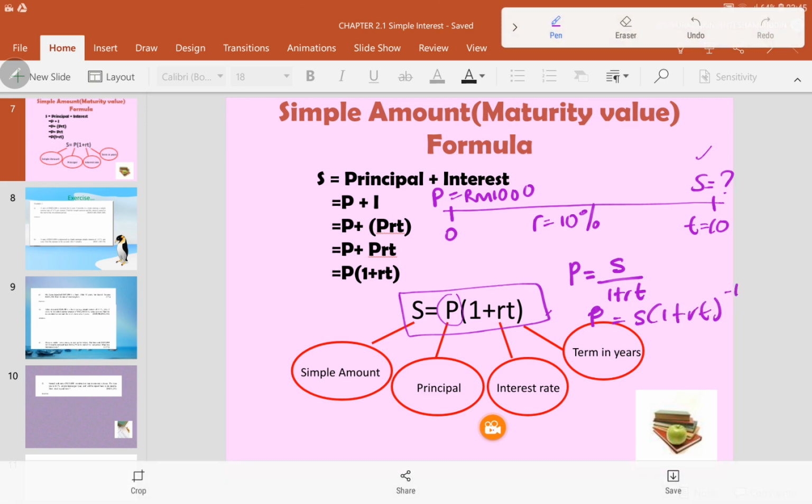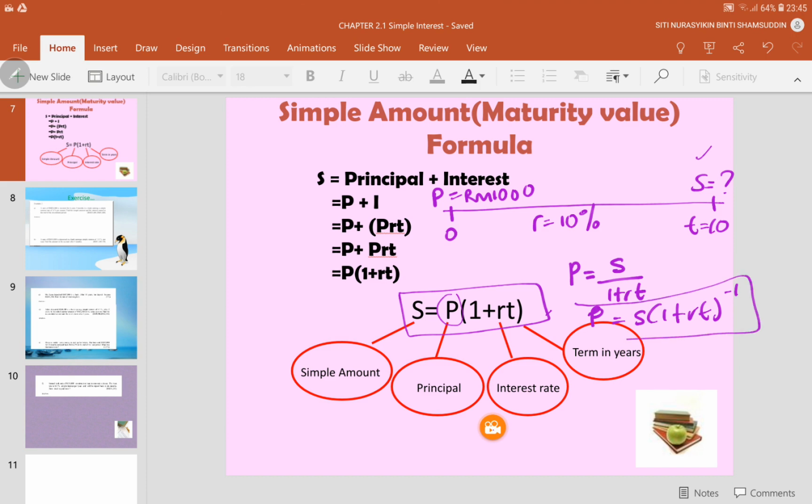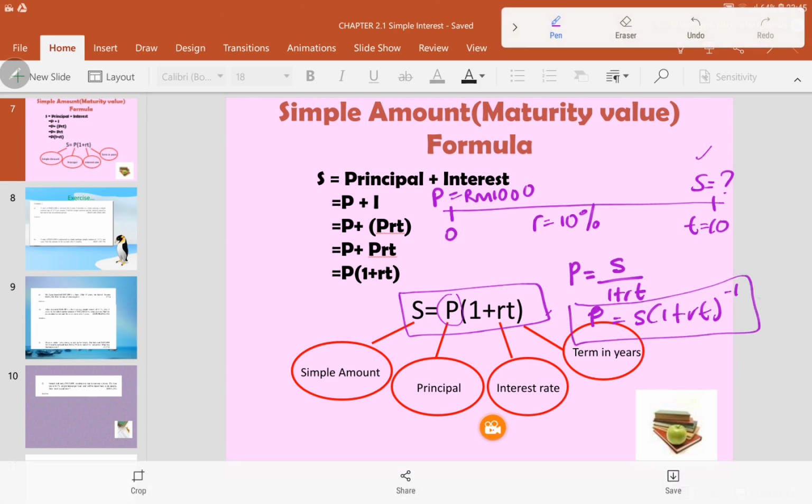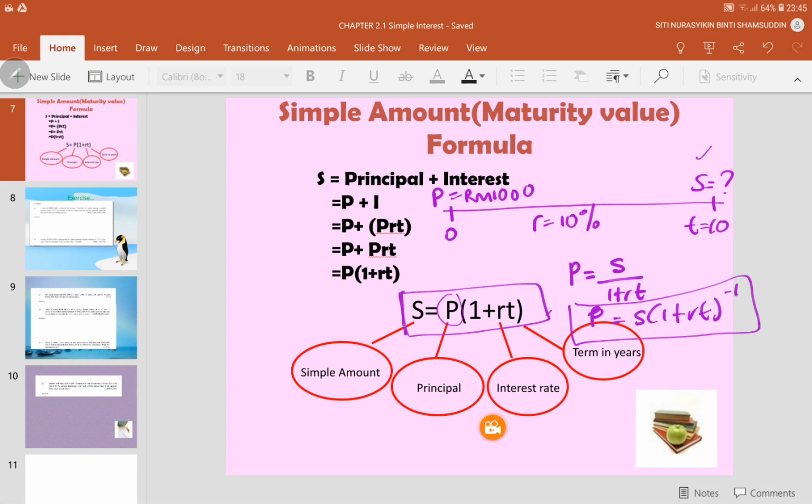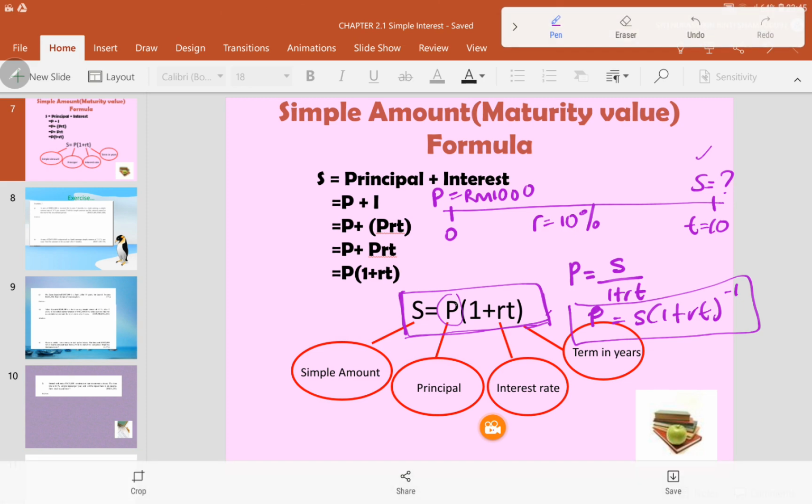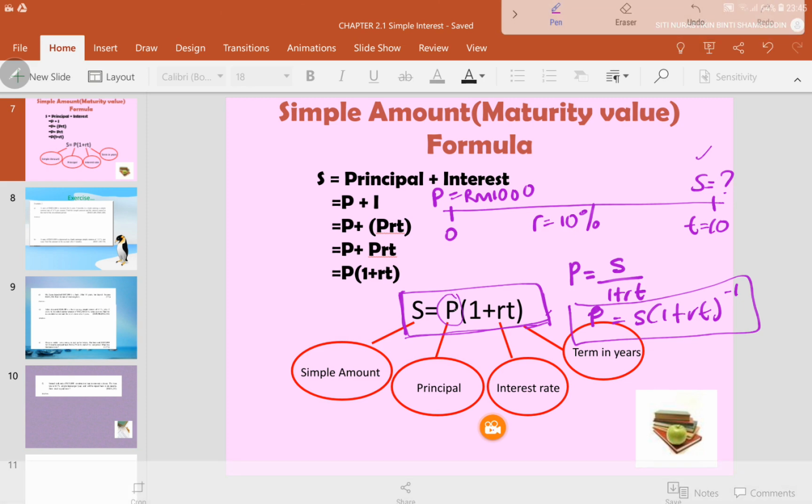It depends on you whether you want to use the formula P equals S times 1 plus RT to the power of negative 1, or you just use the formula for S and play around with the values. From here also you can find your present value.